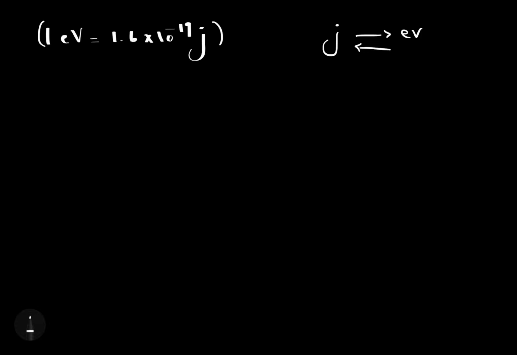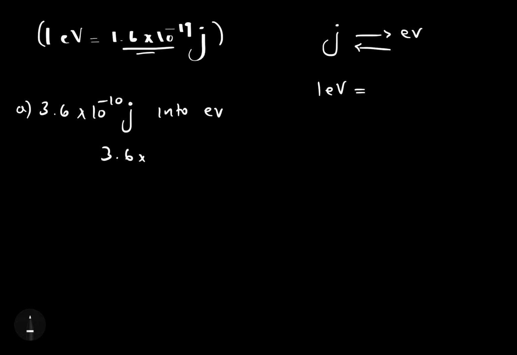For example, let's go ahead and convert 3.6 times 10 to the power of negative 10 joules into electron volts. Well, the key over here is to understand that 1 electron volt is equal to the number that is given, 1.6 times 10 to the power of negative 19. And since we're going from joules to electron volts, we have to get rid of the unit joules itself.